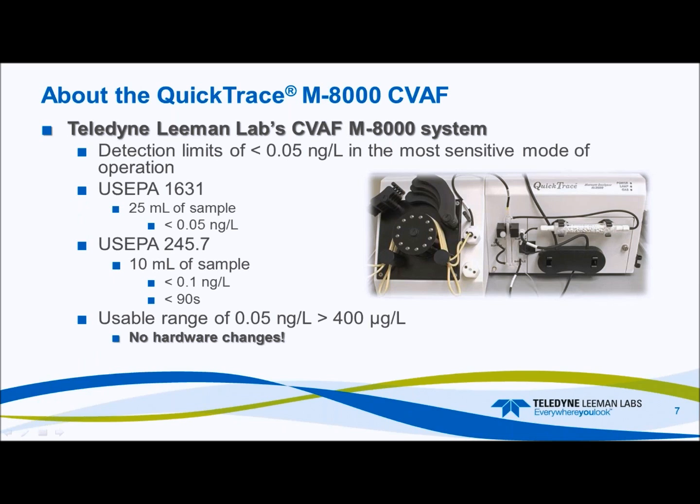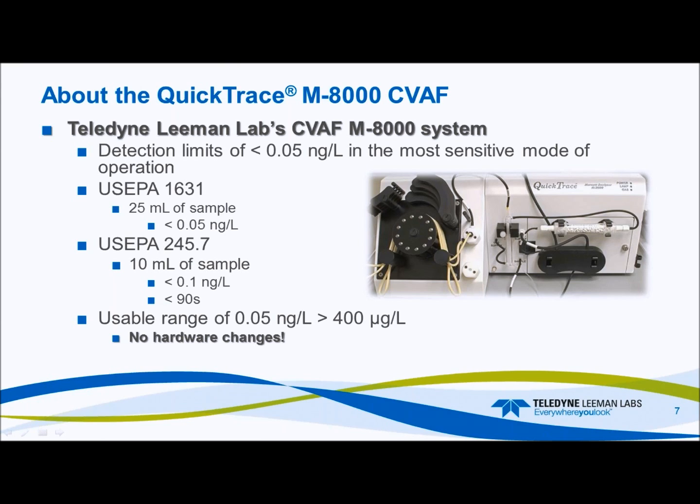So the M8000 system detection limit is less than 0.05 nanograms per liter in the most sensitive mode. Realistically, the detection limit is around 0.01 or less, but we're all safe to say less than 0.05.